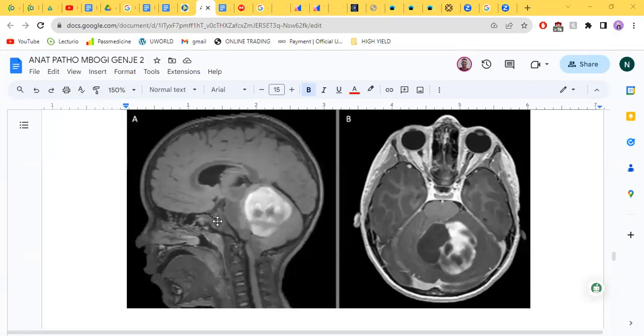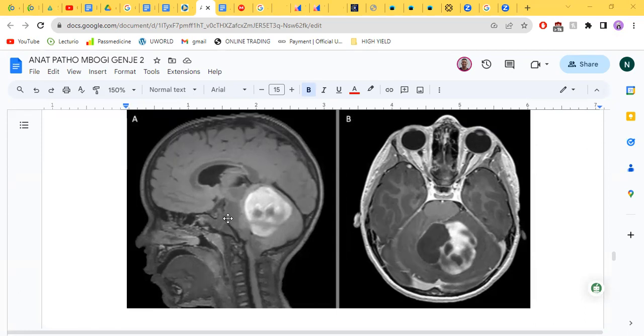Okay. I'm not sure if they can bring the MRI images, but we can just do this as well. What can you see in the pictures? There is a mass. Where is the mass? Which part of the brain or which part of the central nervous system? The medulla, correct. Awesome.